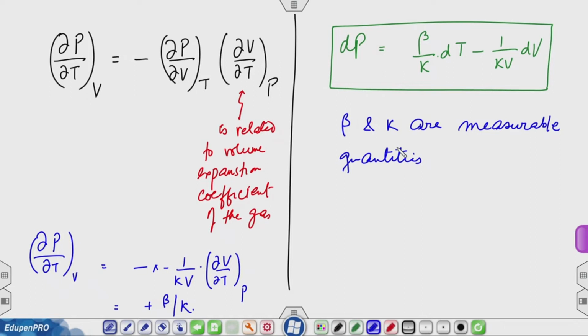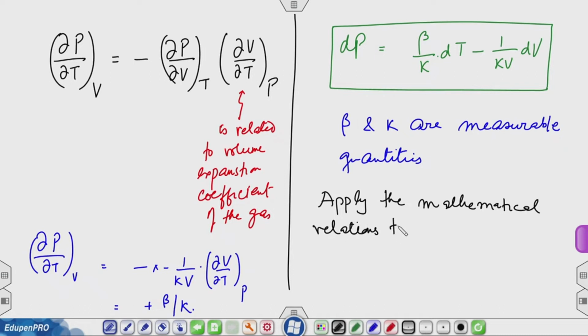Let us now apply this to a stretched wire. Where the force that you apply on a wire, F, is going to be given as K times L minus L0.